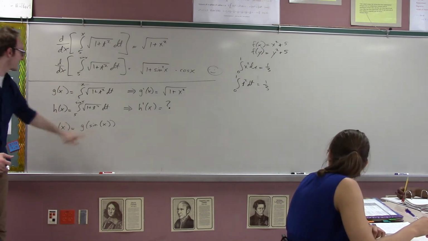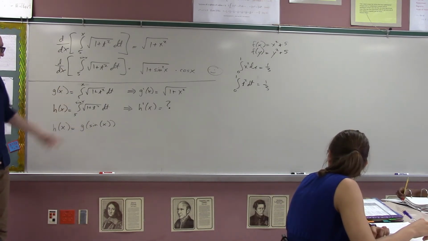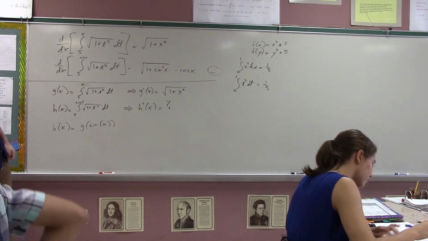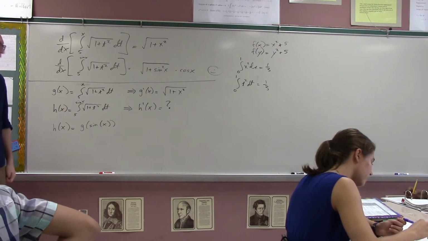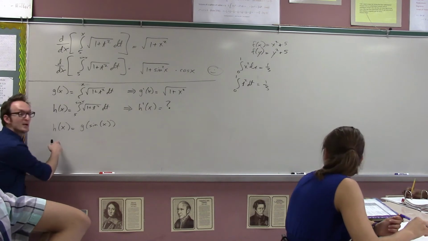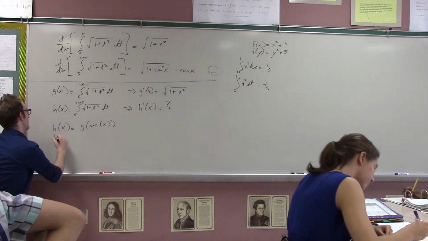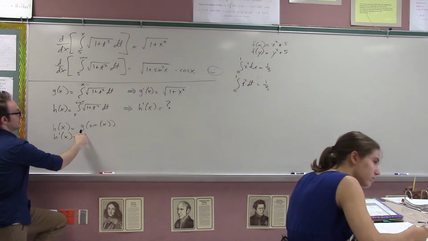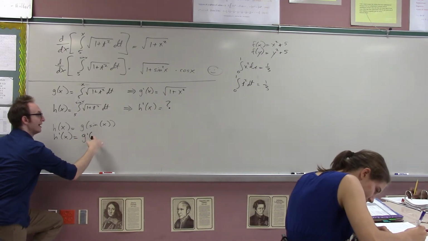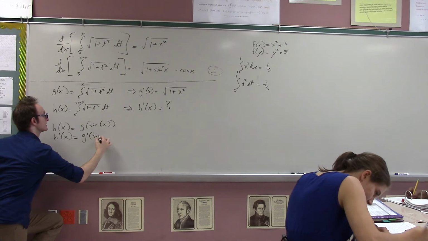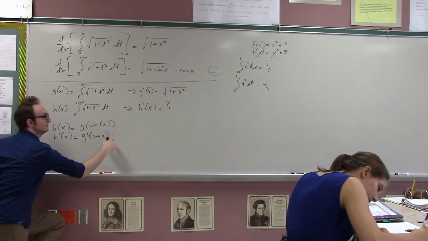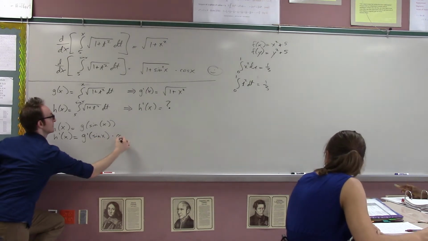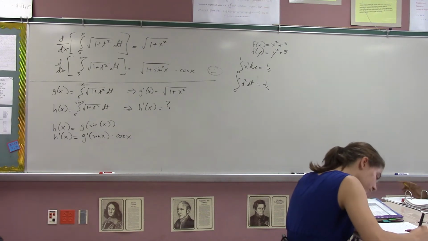Thus, by what we know about how the chain rule works, what is h prime of x? g prime of sine x, back inside, times the derivative of sine, which is cosine.